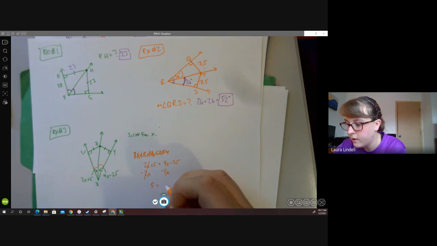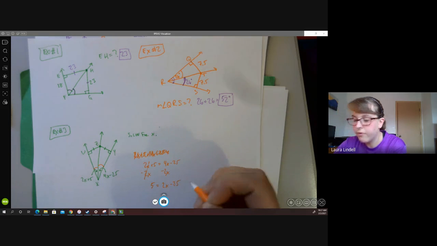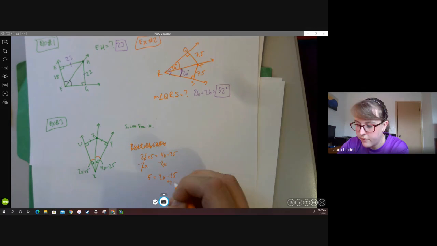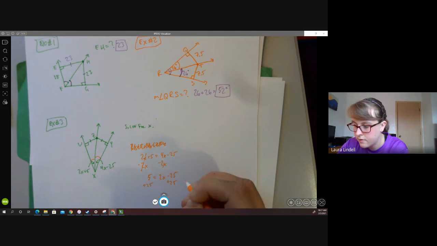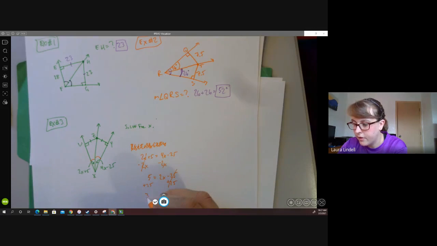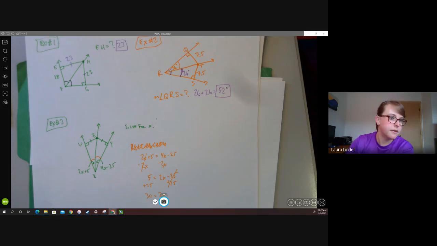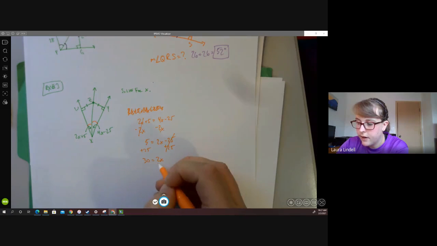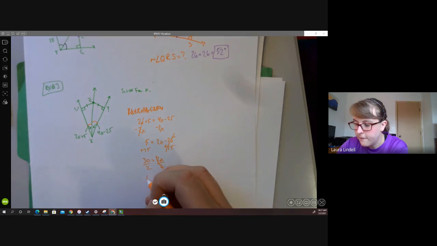So we get 5 equals 2x minus 25. Then I'd add 25 to both sides to get 30 equals 2x. Then dividing by 2 on both sides, we get 15 for x.